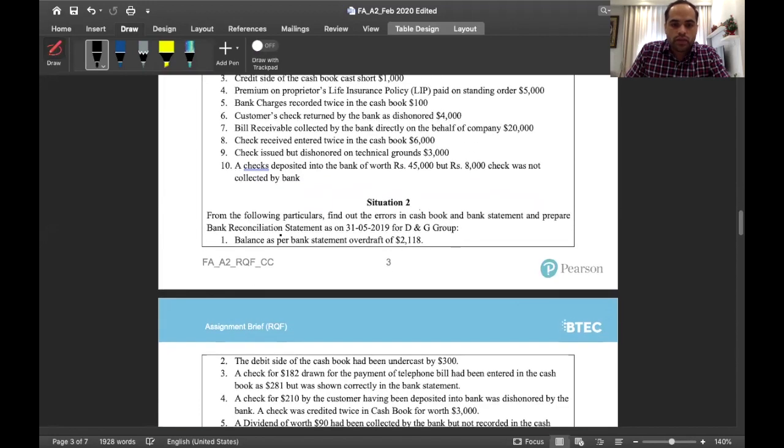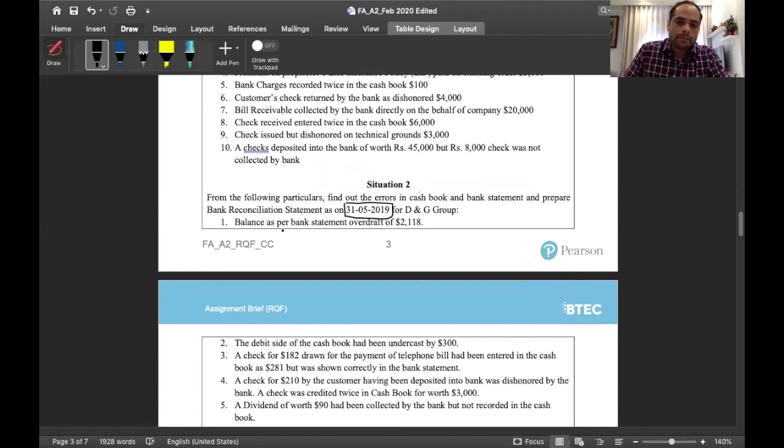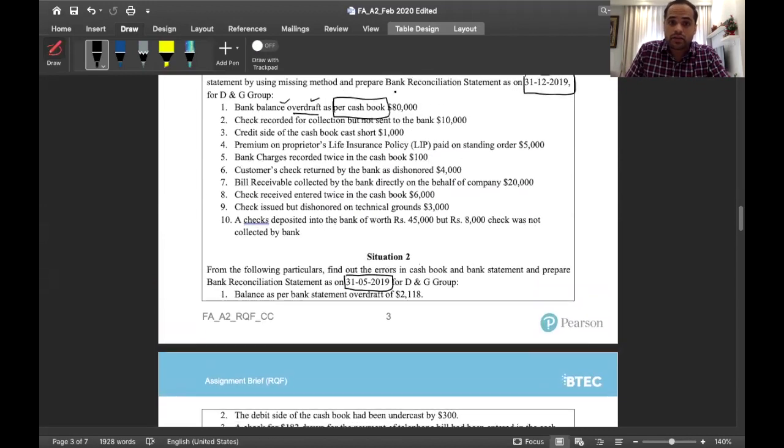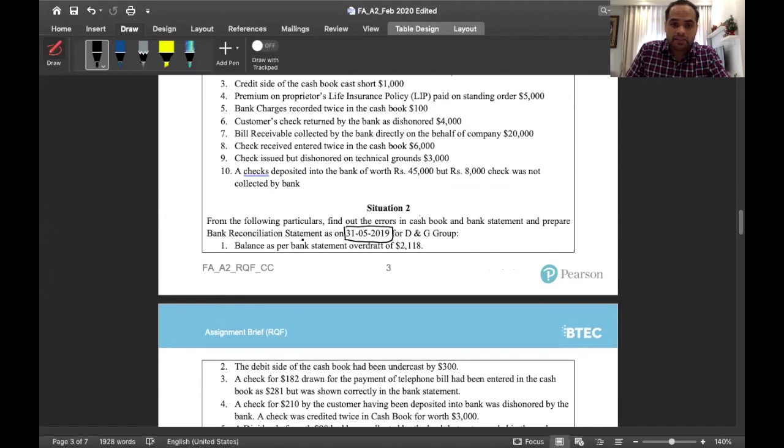Situation 2 is the 31st of May 2019, balance as per bank, as per passbook. This is the cash book, and here is the balance as per passbook, which is an overdraft balance.